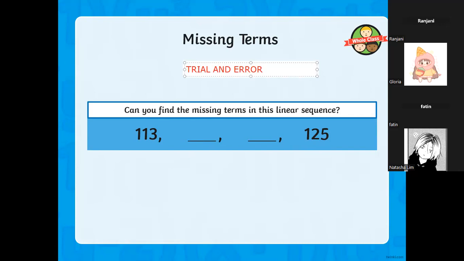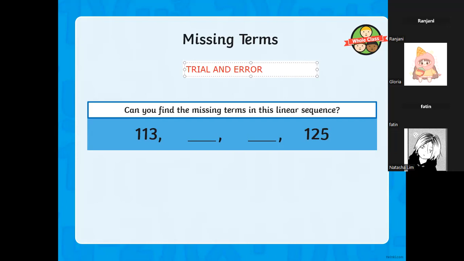Somebody gave me one answer there. She found the pattern. You guys try to find the pattern. See whether Gloria has given me. Of course, all your messages are direct, so nobody else can see. So what about Fatin? Do you think you can crack the pattern here? Okay, I give you some time quickly.